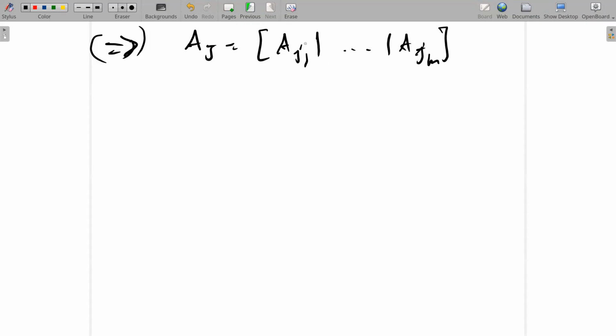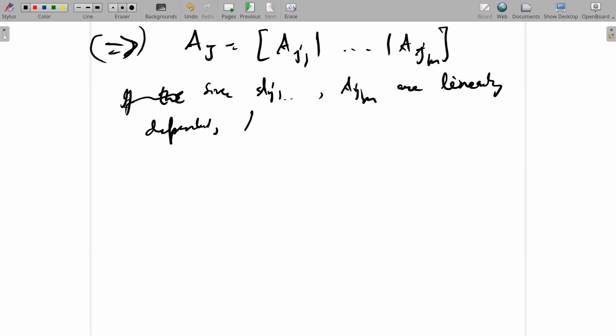These are all the columns corresponding to the indexing set J. So A_J is not invertible because the columns are linearly dependent. Since A_{J1}, ..., A_{Jm} are linearly dependent, A_J is not an invertible matrix. So there is a null space; even its transpose has a null space which is non-trivial.